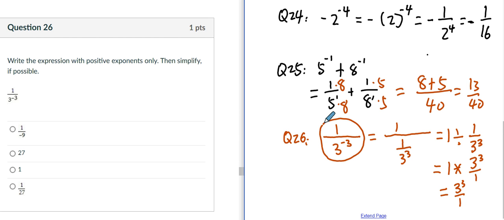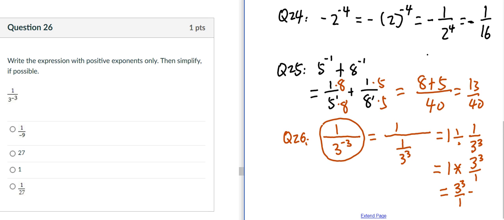In future, you do not have to worry about this middle process. As long as you have a negative exponent and the whole number 3 to the negative 3 is in the denominator, to eliminate this negative sign, you simply flip it up right here. You are done.